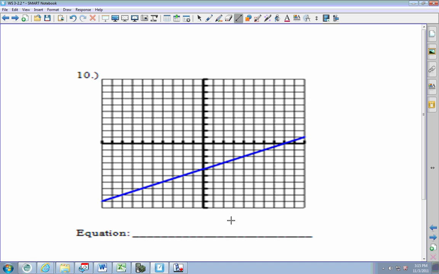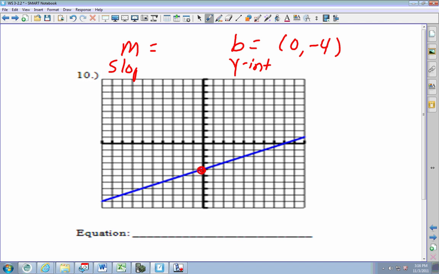Number 10, let's find the equation of the line. Well, to find the equation, I need M and I need B. B is the y-intercept, remember? So here it is: 0, negative 4. M is the slope. I know my slope is positive because my line is increasing. So I'm going to start here. I go up 1 and over 2.